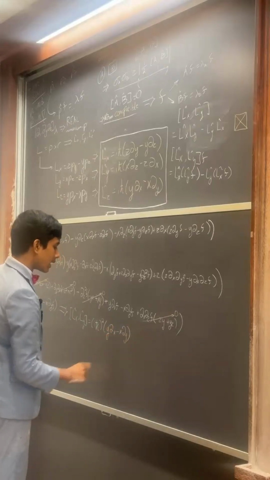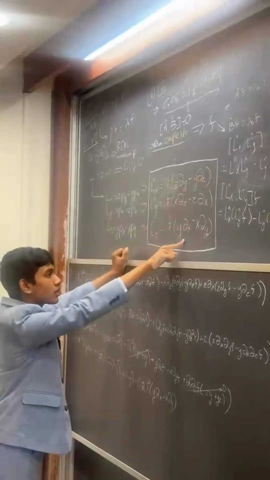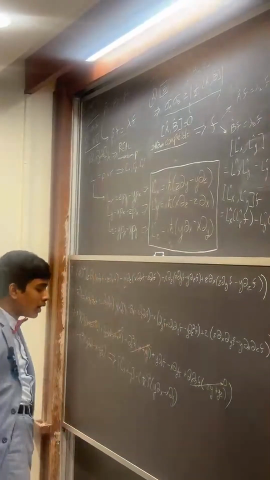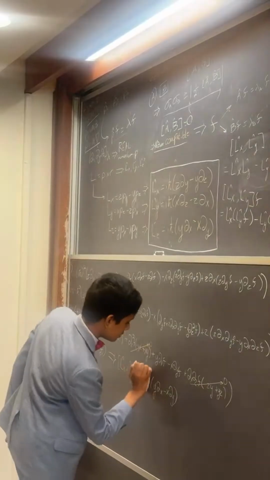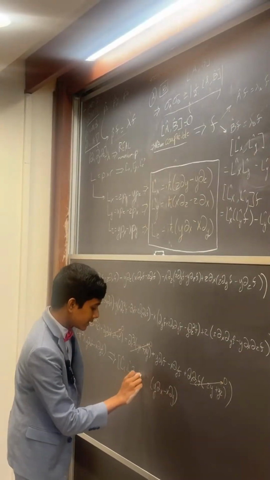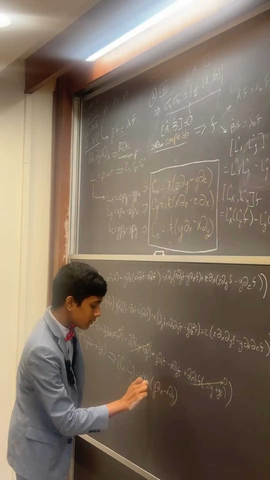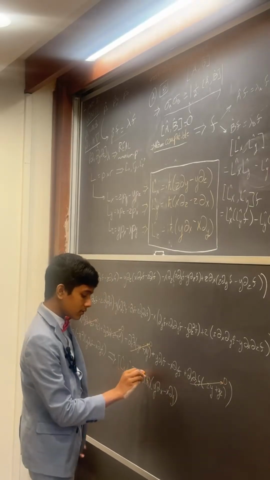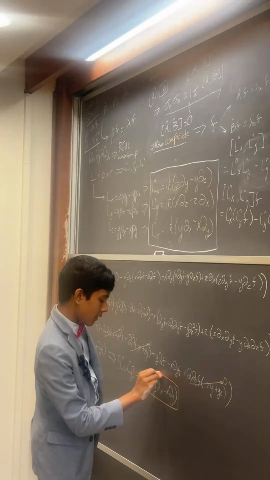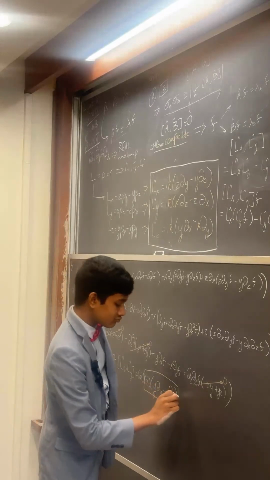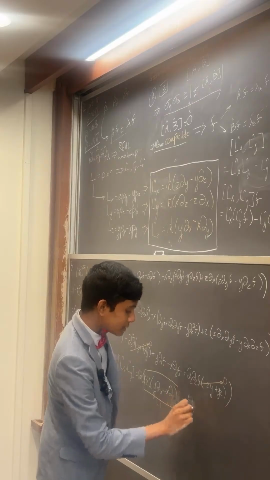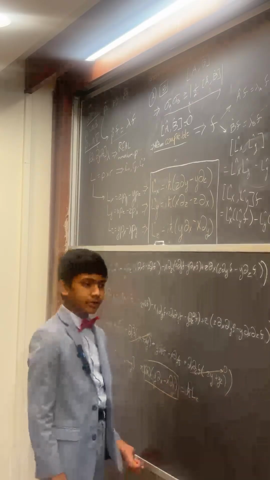And that hopefully looks a little bit familiar, because if you recall, the Lz operator was just minus i h bar times y partial x minus x partial y, which means factoring out the i h bar, rewriting it as i h bar times i h bar, this is just Lz, which means you get i h bar Lz.